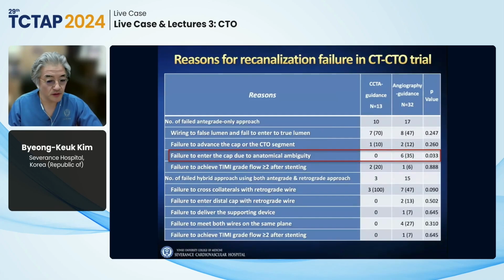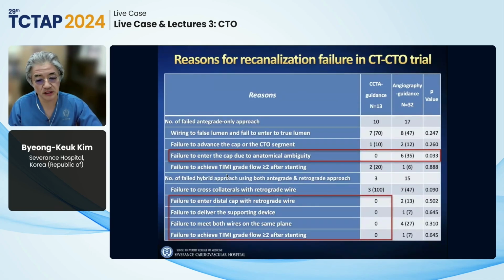In the analysis of failure reasons of the hybrid approach, including retrograde PCI, the most frequent failure in the CT group was the failure to cross the collateral with a retrograde wire. There was no case with failure to enter the distal cap with a retrograde wire, to deliver the supporting catheter to meet both wires, or to achieve TIMI flow grade greater than 2 after stenting.